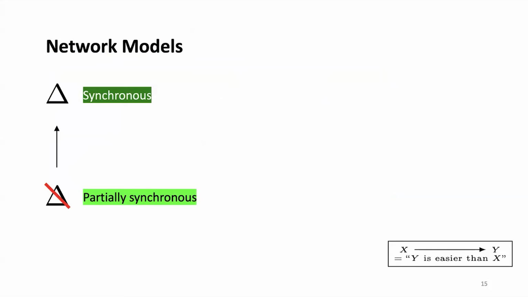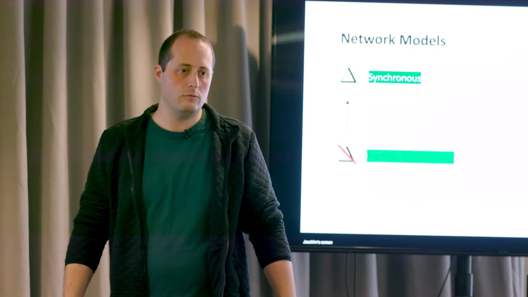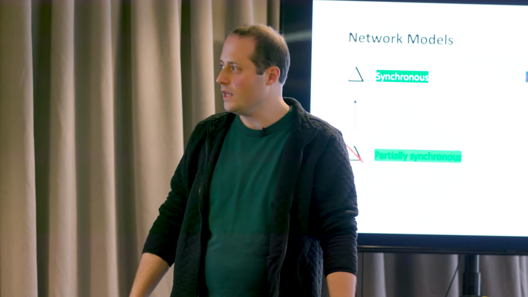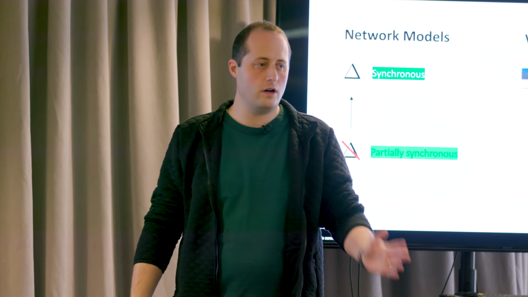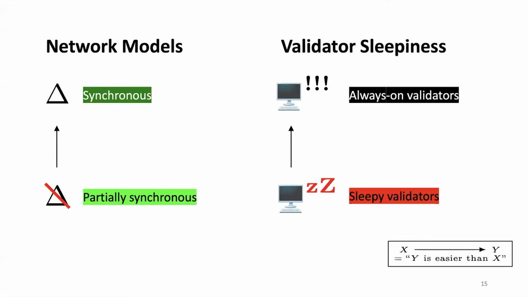One is a partially synchronous setting where the network between both clients and validators could have periods of asynchrony where you don't have a delay bound capital delta. The other is validator sleepiness. So far we've assumed that validators are always on from the start of the protocol, and we also consider the setting where validators can temporarily crash.